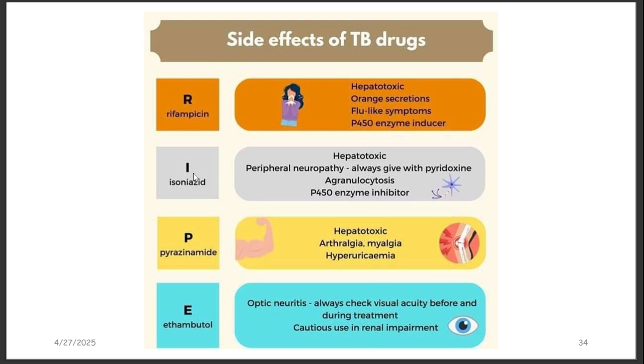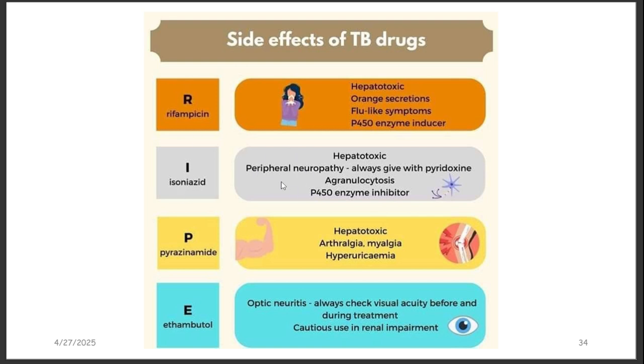And then isoniazid, the biggest problem here is that it causes peripheral neuropathy. How it does that is that it depletes vitamin B6, pyridoxine. That is why if someone is on TB treatment, you also give them vitamin B6, because if it is depleted it will cause peripheral neuropathy, problems with the nervous system.